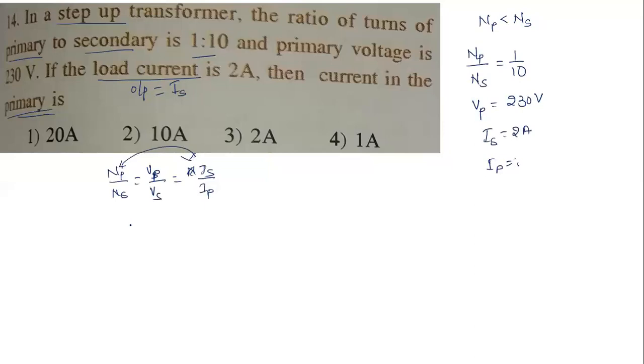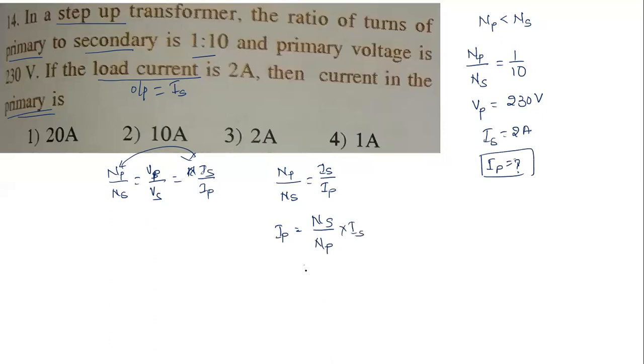NP by NS equal to IS by IP. I need to find the current in the primary coil, which is the question mark. So IP equals NS by NP into IS.